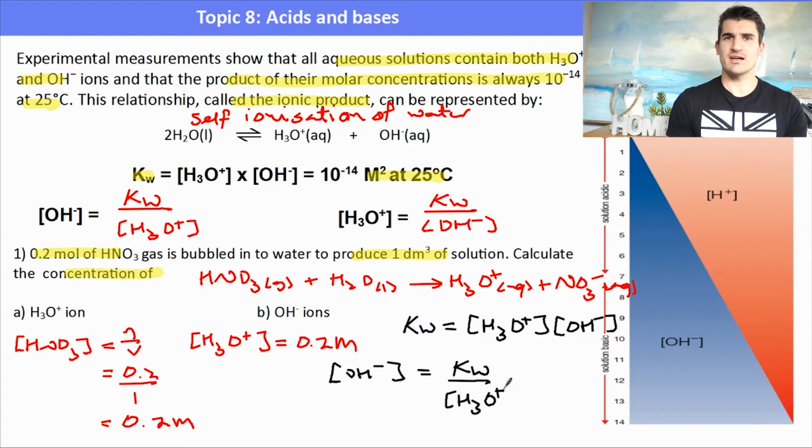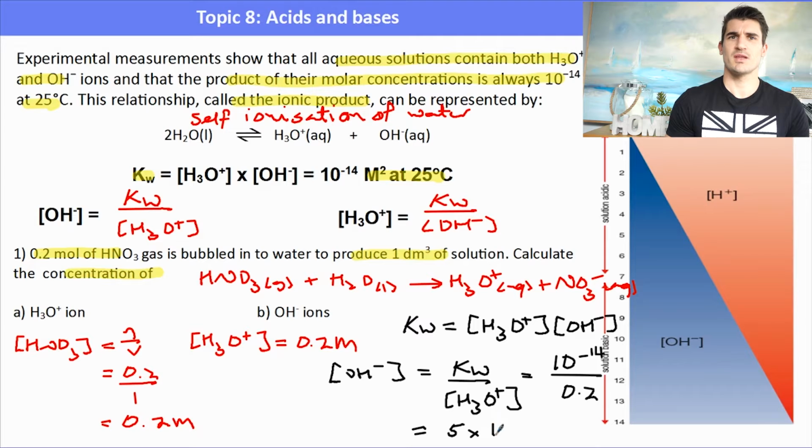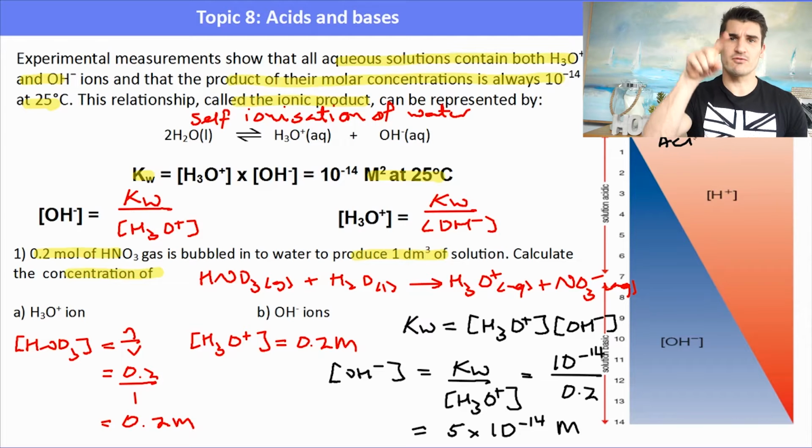Kw is always 10 to the minus 14 at 25 degrees, so we sub in that. Our H3O+ we knew because we worked that out from the last question, and then we can work out our hydroxide ions. Now this is a very acidic solution, so we would be expecting just a very small amount of hydroxide ions, and if we use the table on the right hand side, we could see it would be right up the top of that one.